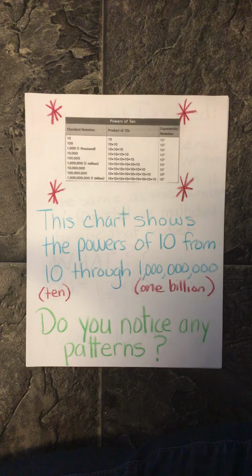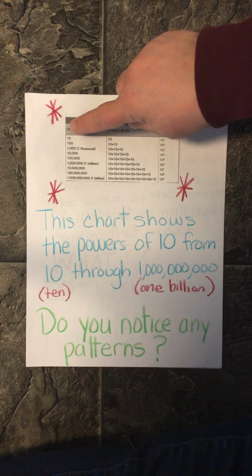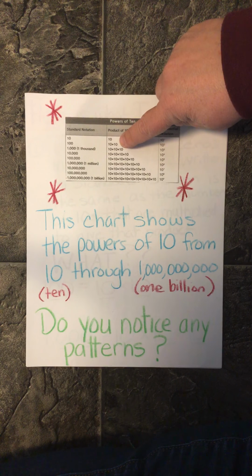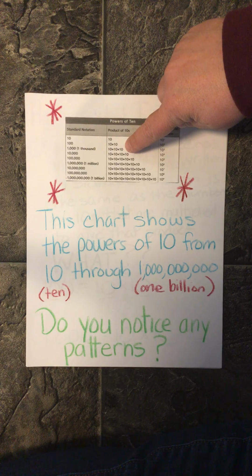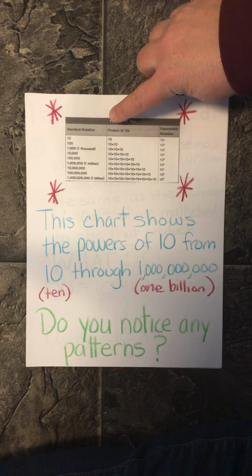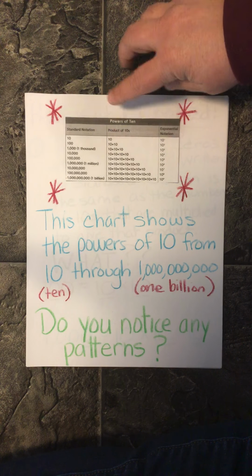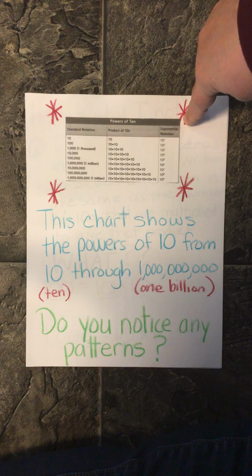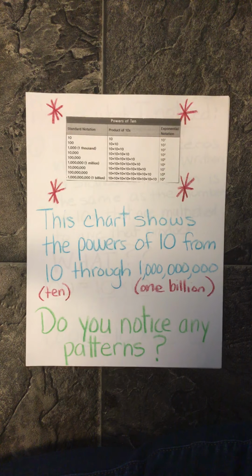In the column product of 10, it shows that 10 is 10, 100 is 10 times 10, 1,000 is 10 times 10 times 10. So it's showing you how many times you have to multiply 10 to get the answer. And then the last column shows exponential notation.